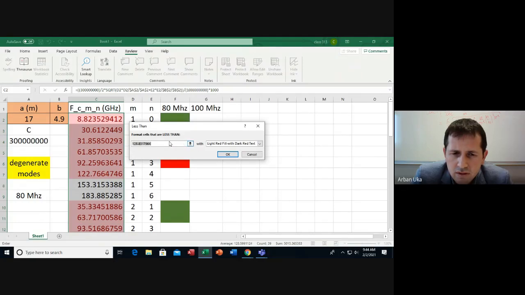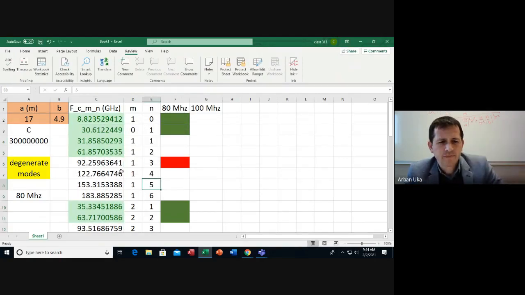Cells that are less than 80, light red fill. Okay, I think, do we have any other? No, yellow, yeah, green. Yeah, we did it.